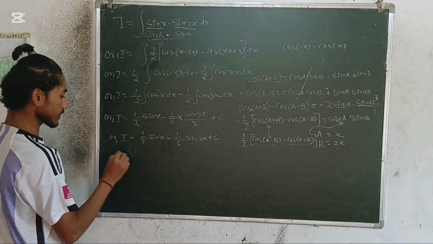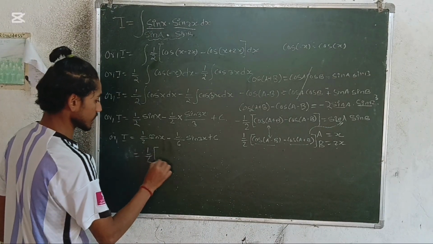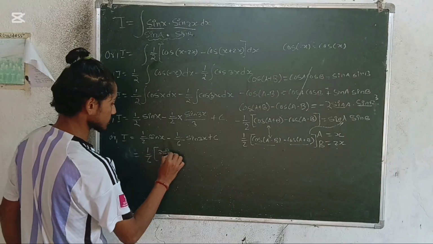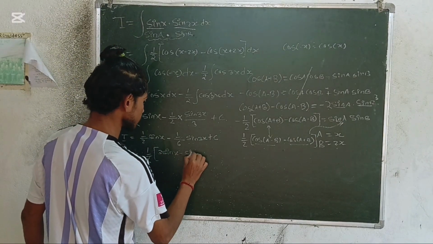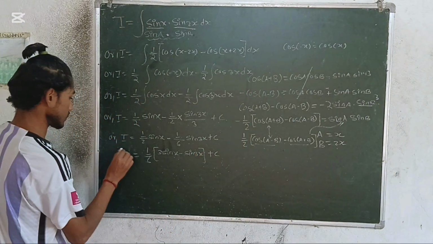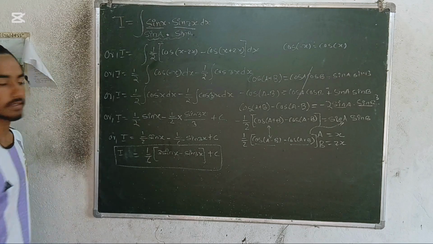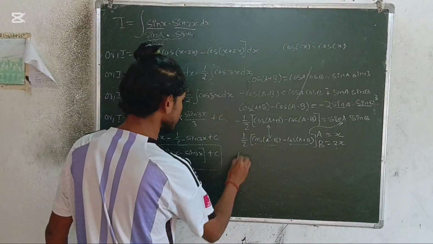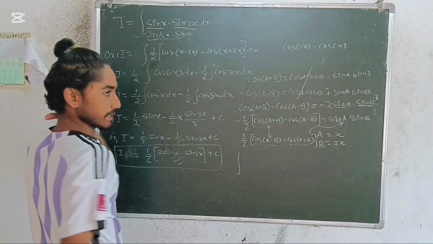Now if you want to make it simpler, you can take 1 over 6 as common, and you can write 1 over 6 times 3 sine x minus sine 3x plus c. So this would be our final integral. So we got the formula. You don't have to remember this, you just have to follow the steps.